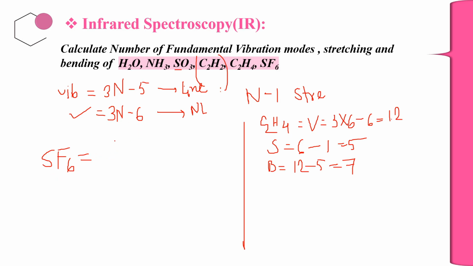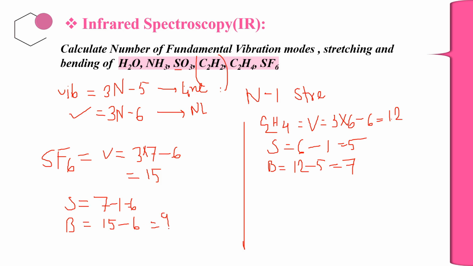So the number of modes of vibration is 3 into 7 minus 6, that means 15 modes of vibration, out of which the stretching modes are n minus 1, that is 7 minus 1 equal to 6, and the rest are all bending, 15 minus 6 equal to 9.